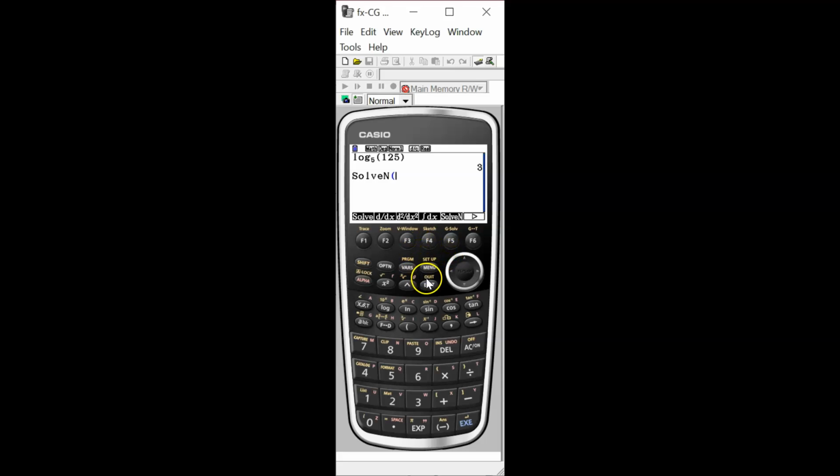Now, since we already were at the option calc, there it is. So let's go and type in the equation. And fingers crossed, we'll get 121.